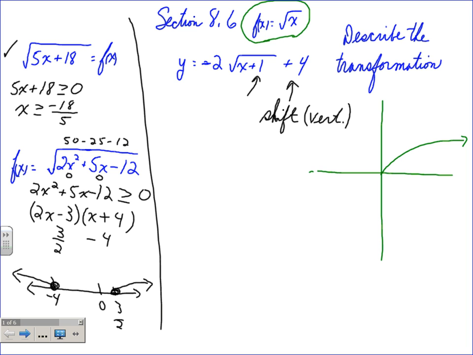What about the 1? 1 to the left. 1 to the left. There's another shift. Whenever you add something or subtract something, it's a shift. And because it's inside the radical, it is a horizontal shift, 1 unit left. And that is a horizontal shift. Okay?